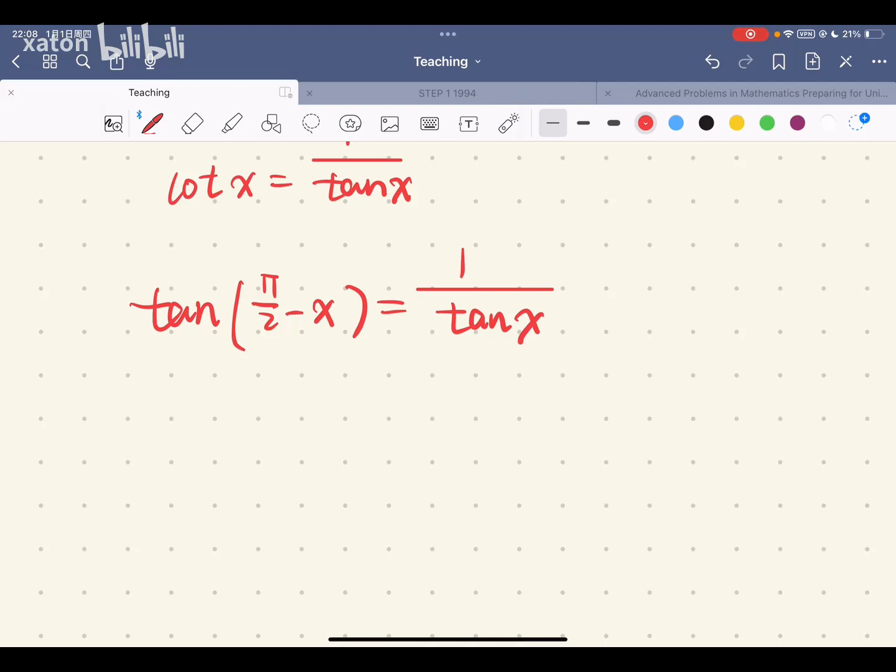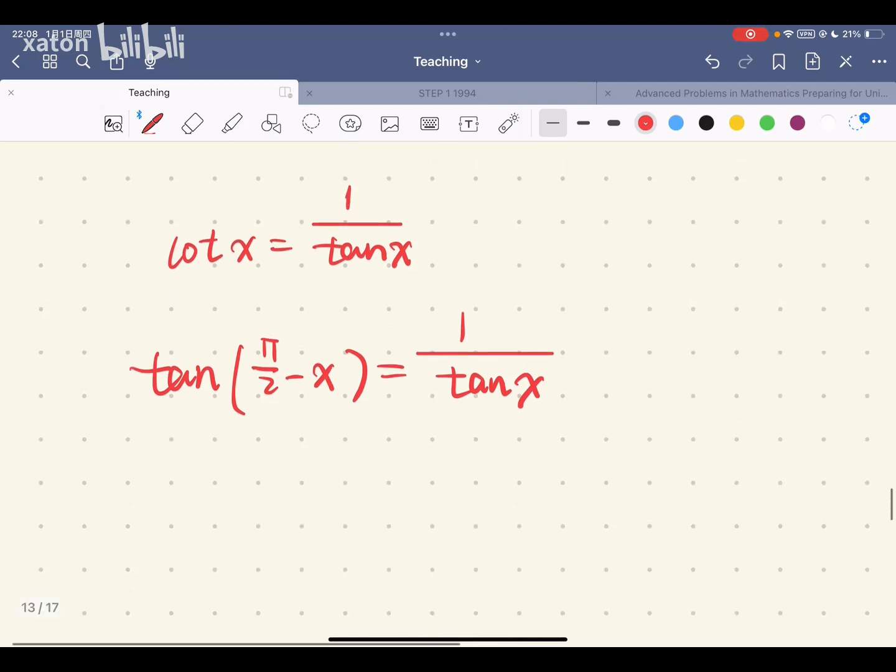Do you see some relations? Yes, this is correct: cotangent x equals tangent of pi over 2 minus x. Pi over 2 means 90 degrees.